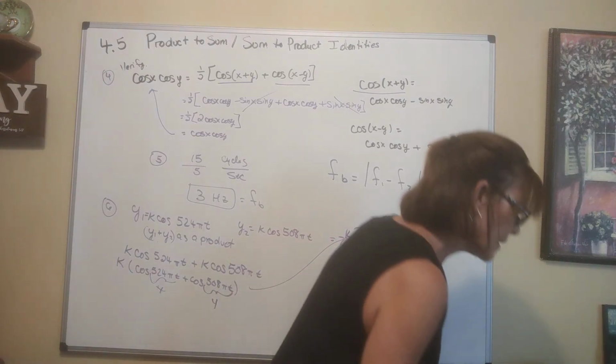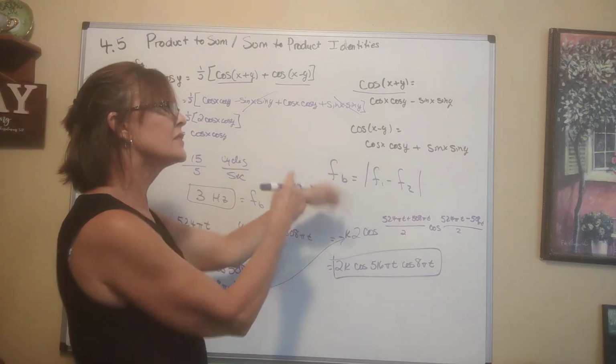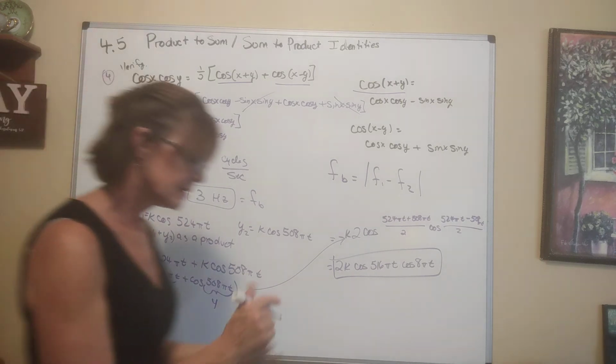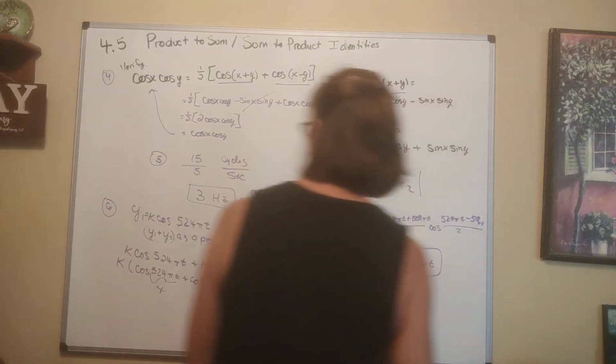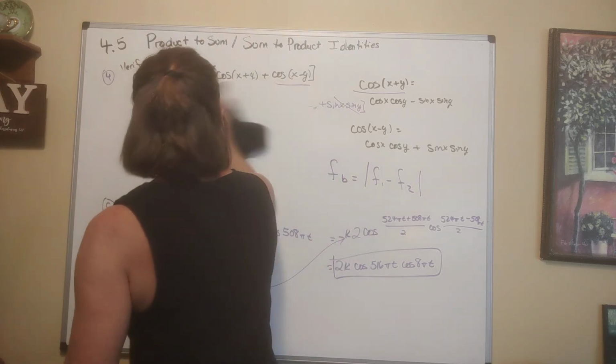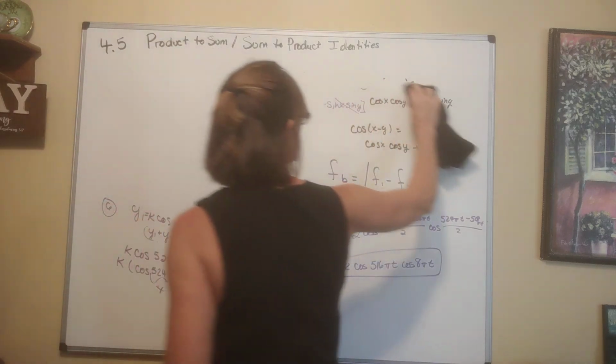The second thing they said to do was to find the beat frequency. The beat frequency is the difference of these individual frequencies. Let's think about this. Frequency is the reciprocal of the period. Period and frequency are reciprocals of each other.